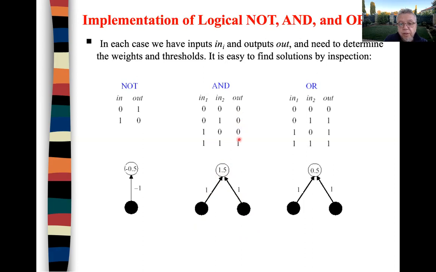The same thing for 1, 0. But then when we have 1, 1, so 1 times 1 is 1, plus 1 times 1, you have 2, which is greater than 1.5, so the output is 1. And you can check also that similar weights and biases work for the NOT and OR functions.